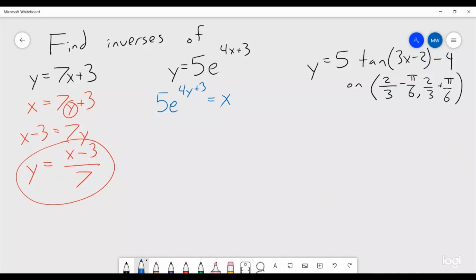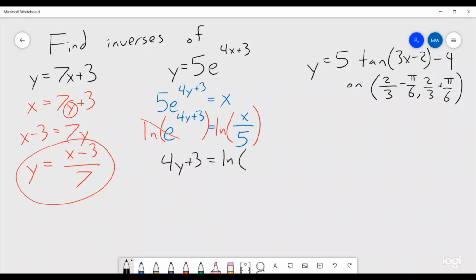So before we take the natural log, we would need to divide both sides by 5 to get e to the 4y plus 3 equals x over 5, and then we're able to stick a natural log on this and have things cancel. So we get 4y plus 3 equals the natural log of x over 5.